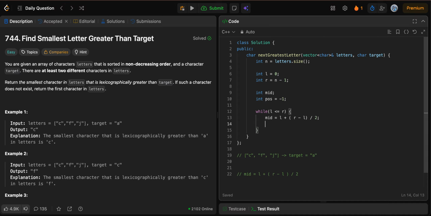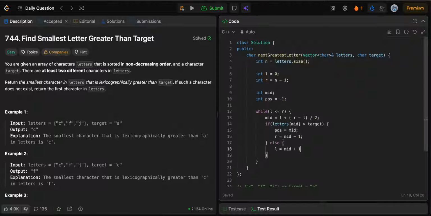Now, if letters of mid is greater than target, then position is equal to mid and r is equal to mid minus 1, right? Else l is equal to mid plus 1.